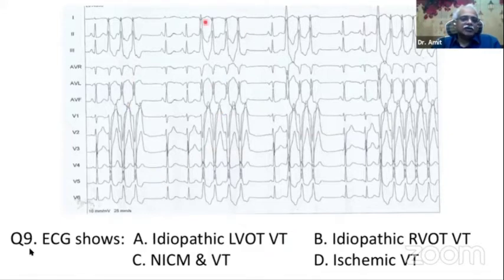So is this an idiopathic variety of a left ventricle outflow tract VT, or idiopathic right ventricle outflow tract VT, or is this in a patient with non-ischemic cardiomyopathy and ventricular tachycardia, or do you think that this patient would have underlying coronary artery disease, ischemia and VT?